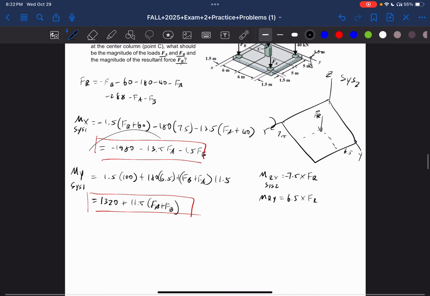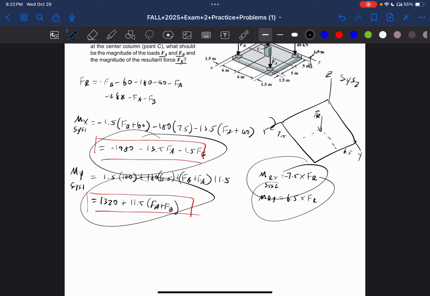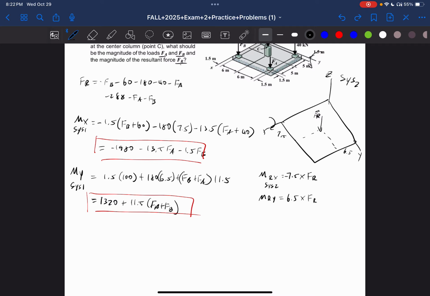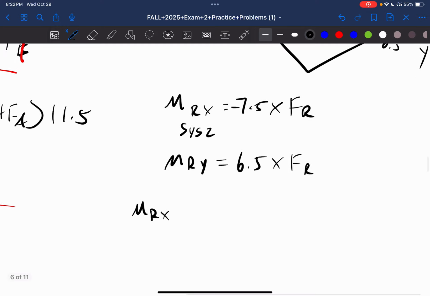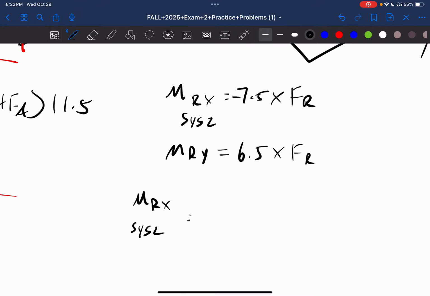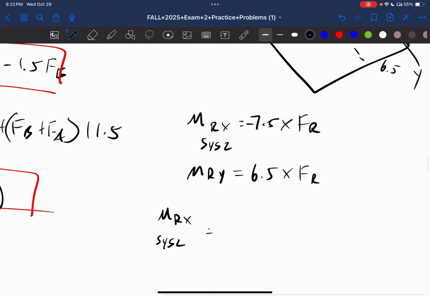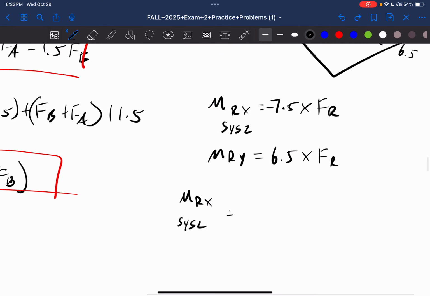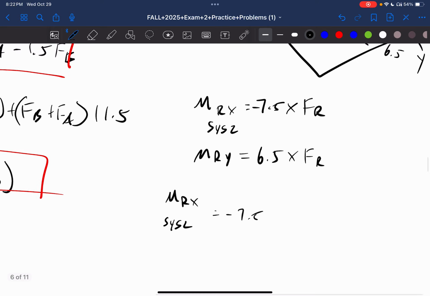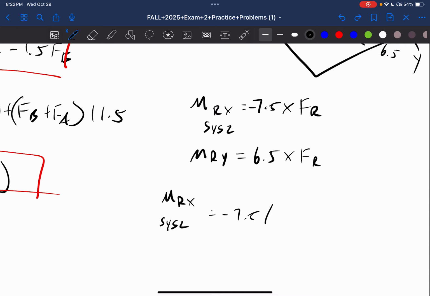And basically we're saying that this and this needs to be equal to this and this, which is pretty simple. Okay. So the sum of the moment Rx about system 2 is going to be equal to negative 7.5 times 288 plus FB plus FA plus FB.